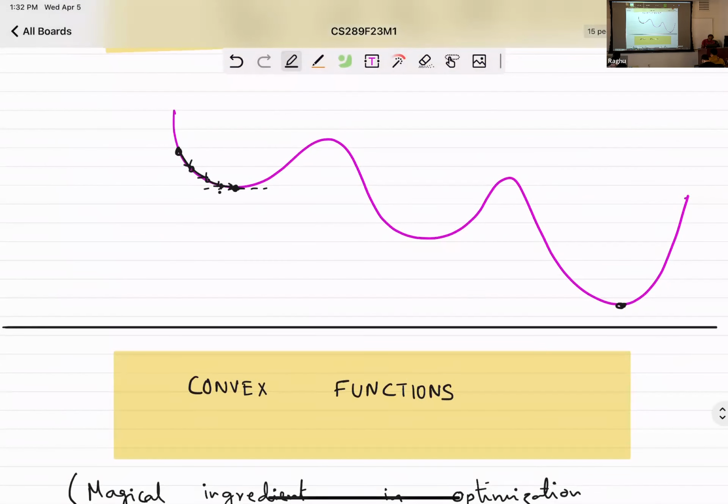The tangent line for a convex function is always going to be below the entire curve. It's never going to intersect the curve again. Like here, if you think of the tangent line, it's actually crossing the function again. If I think of this tangent line, it's above the function curve. So that means that this function is not convex.